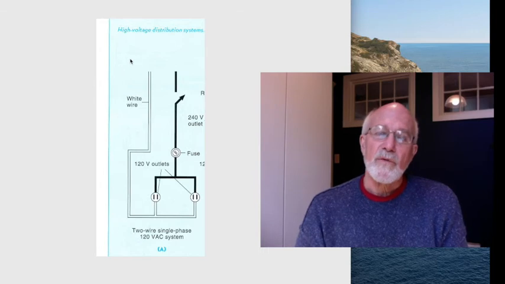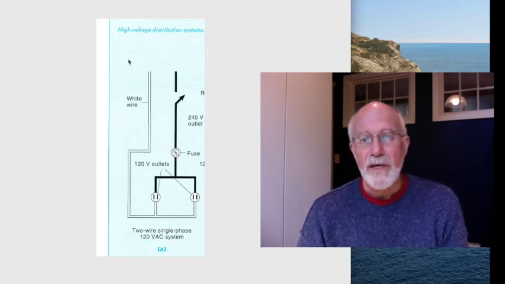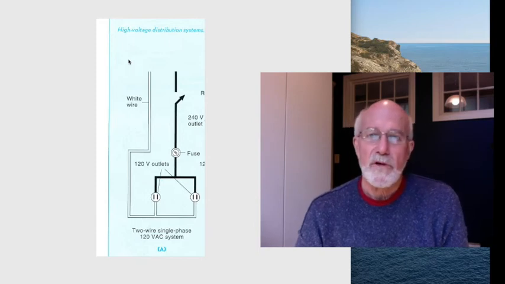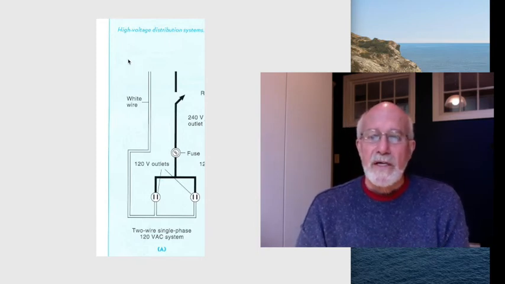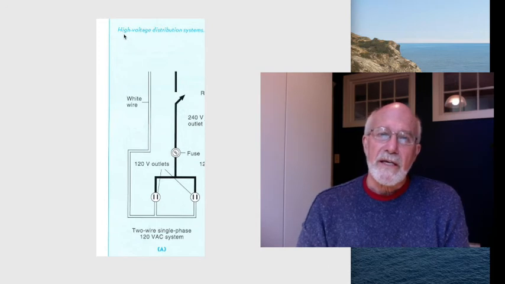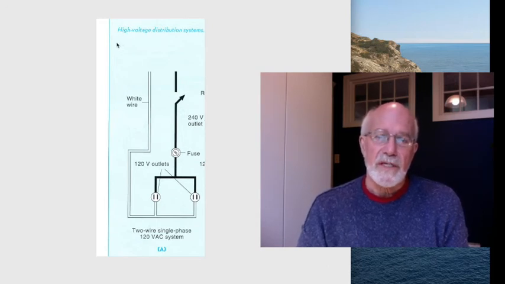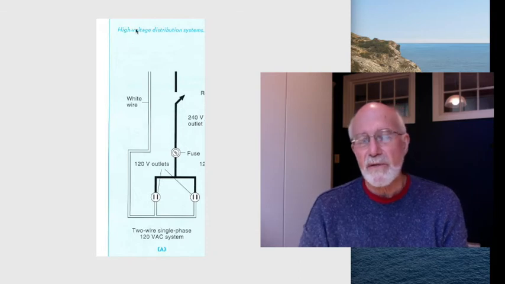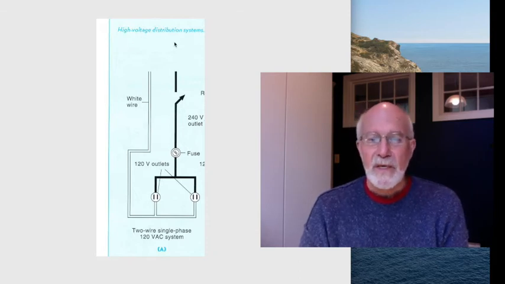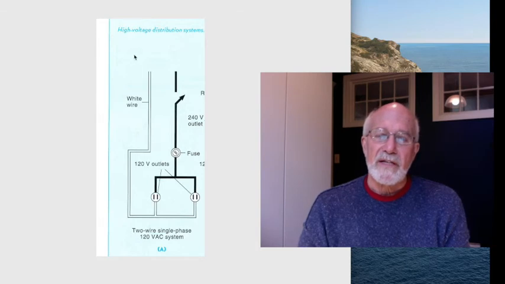In order for electricity to flow, there has to be a complete pathway. This may be a no-brainer for lots of you. So you've got a source of electricity, the wiring system that supplies the building, but this is a simplified version of it.